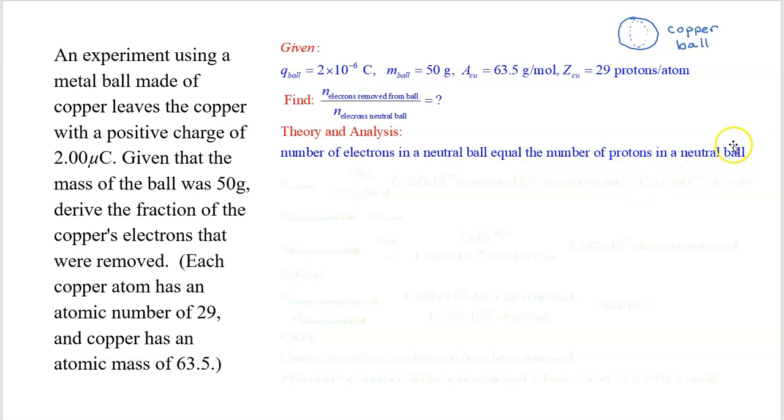If it's neutral, that means the charge is equal to 0. And the things that have charge in matter are electrons and protons. So we have the number of protons per atom. We just need to determine the total number of protons, and then we'll get the total number of electrons.